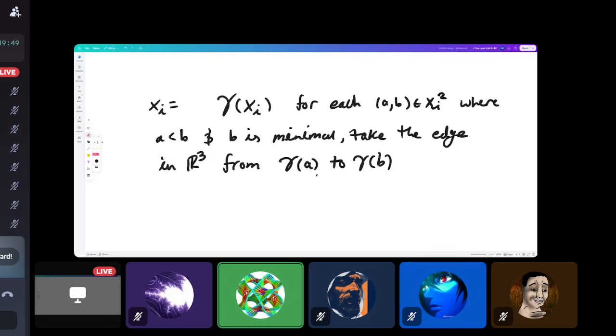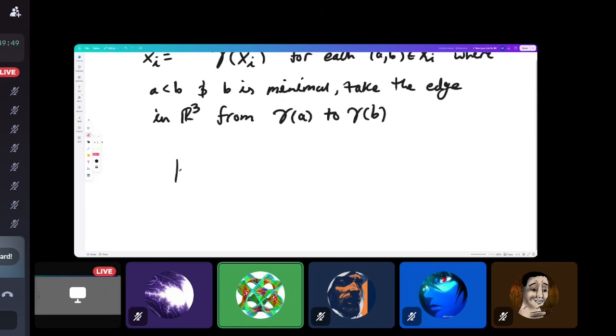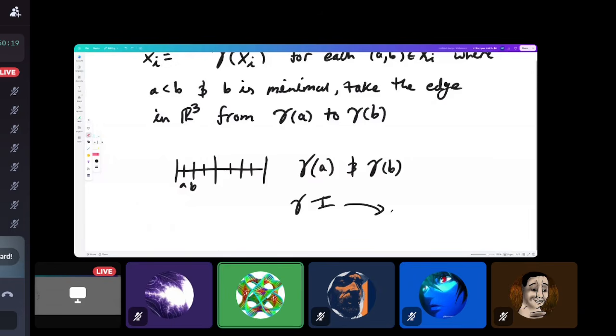So what am I doing here? I am taking the interval, cutting it up into halves, those halves into halves, and so on. Let's call this A and B. I'm going to take gamma of A and gamma of B. Let's say our gamma takes the interval and maps it to something like a weird knot.